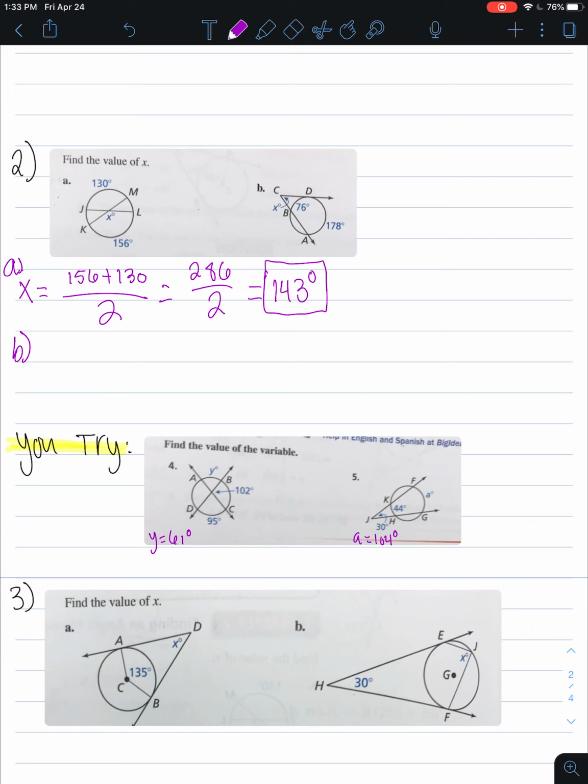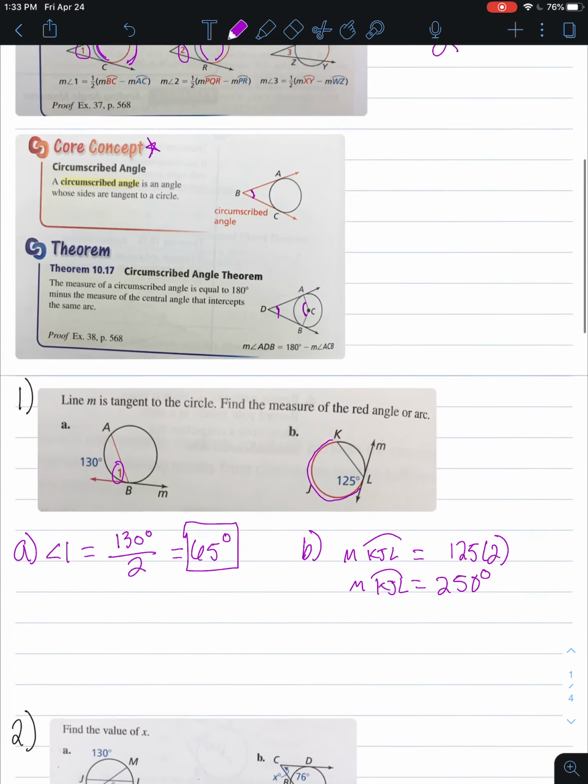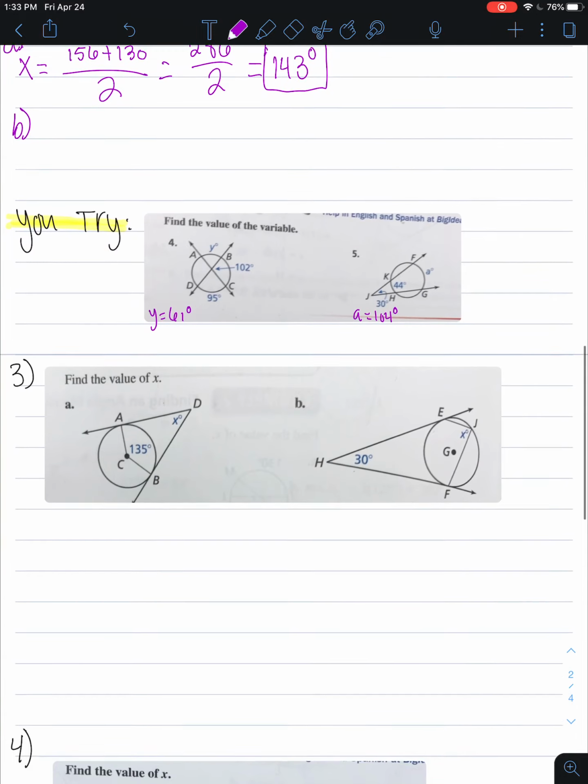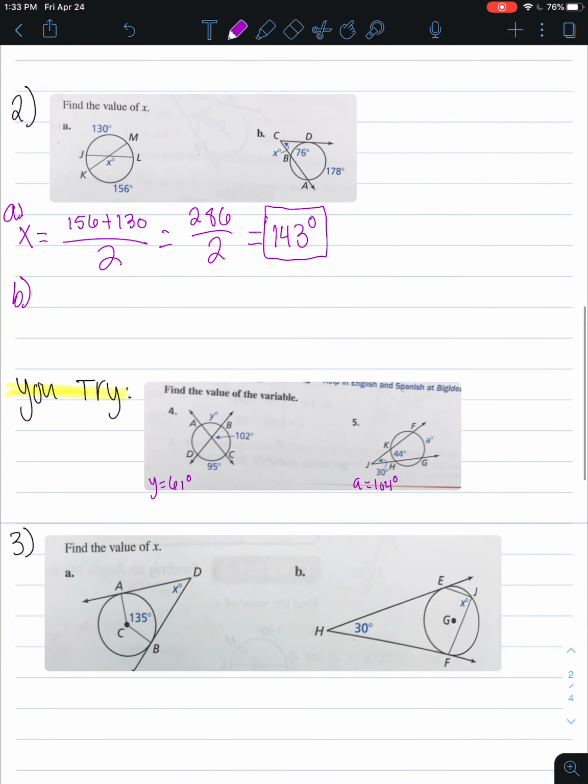Okay, so for B, it wants us to find X again, but this time they are intersecting outside of the circle, so we're going to need to use the third theorem that we talked about, the angles outside the circle theorem.